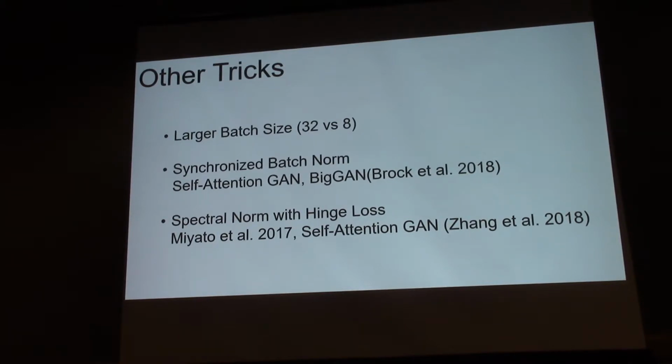We go from 8 in Pix2PixHD to 32 in our case. We also used synchronized batch normalization, which synchronized the statistics of each GPU. We also used spectral normalization with hinge loss, and it helped our training in terms of both the stability and also the final output quality.